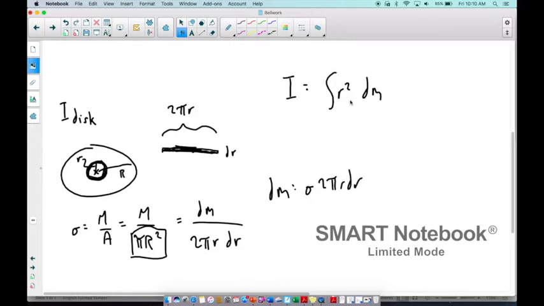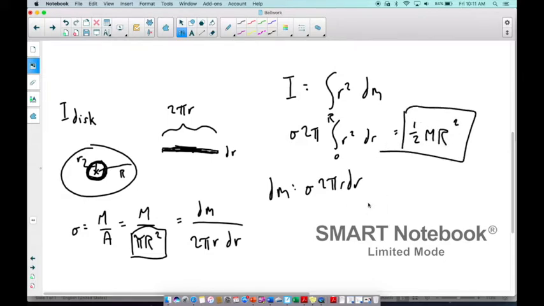And of course, I'm going to integrate that from 0 to big R. So it becomes sigma 2 pi integral of r squared dr, evaluating that from 0 to big R. I will let you do that integral for yourself, but ultimately you get 1/2 mr squared. So that is the rotational inertia for a disk.